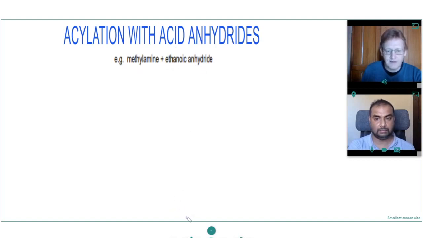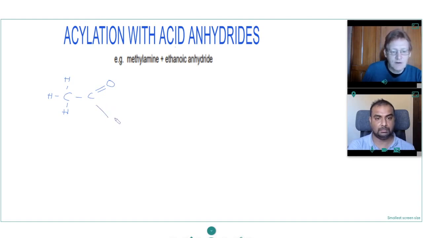So we'll draw the anhydride first, and it's like two carboxylic acids joined together with a loss of water, and hence the anhydride. So this is like two ethanoic acids joined together with a loss of water. So ethanoic, we've got two carbons. And this is where we'd expect to put the OH of a carboxylic acid.